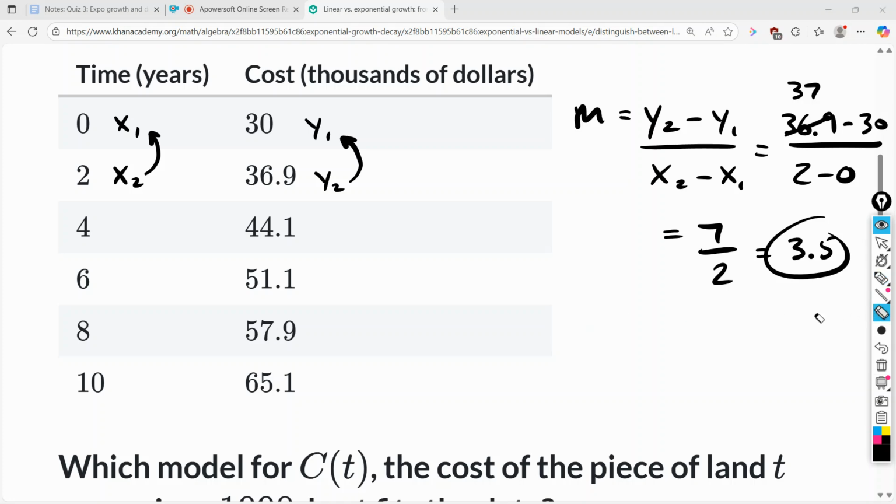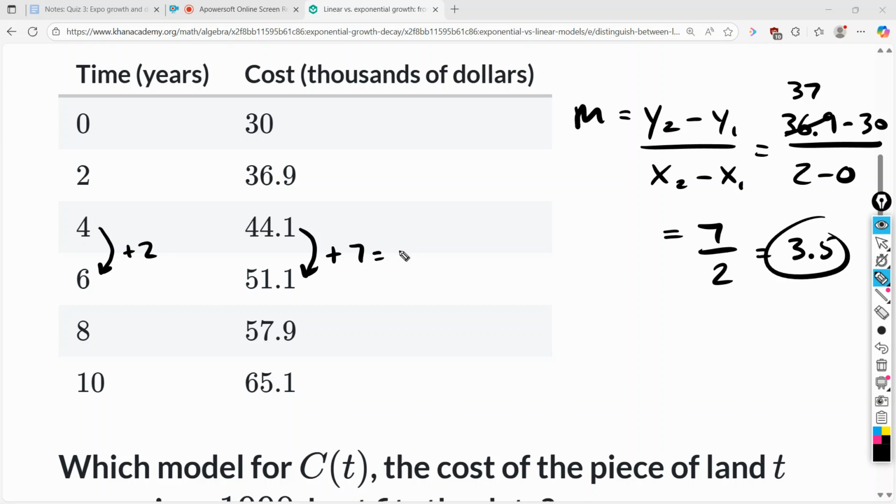Alternatively, without even going through all that, earlier, we said from here to here, this was plus 7. And we can see from here to here on the x's, 4 to 6, that's plus 2. So the change in y is 7, and the change in x is 2, okay?